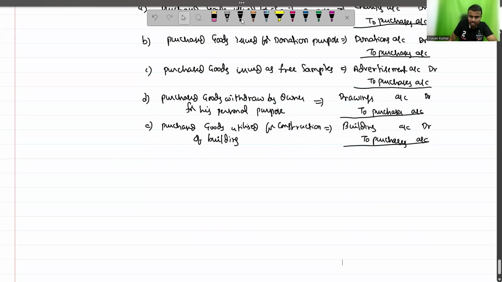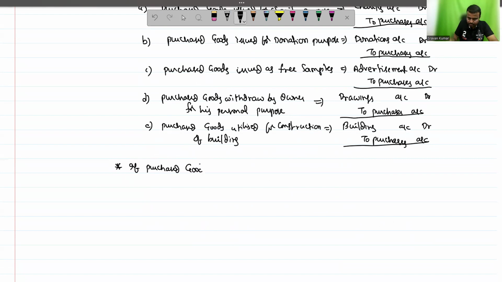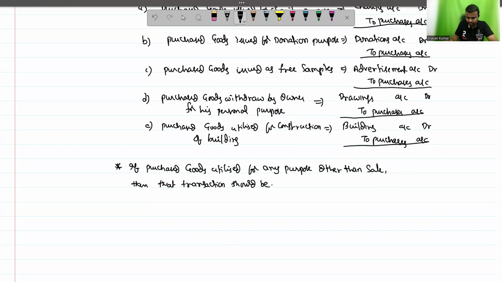But here, one of the important points is, in this scenario, if purchased goods are utilized for any purpose other than sale, then that transaction should be recorded only at cost price, but not at the sale price.